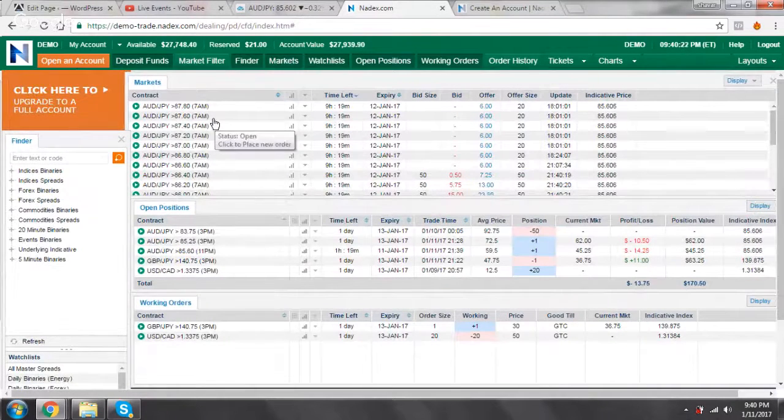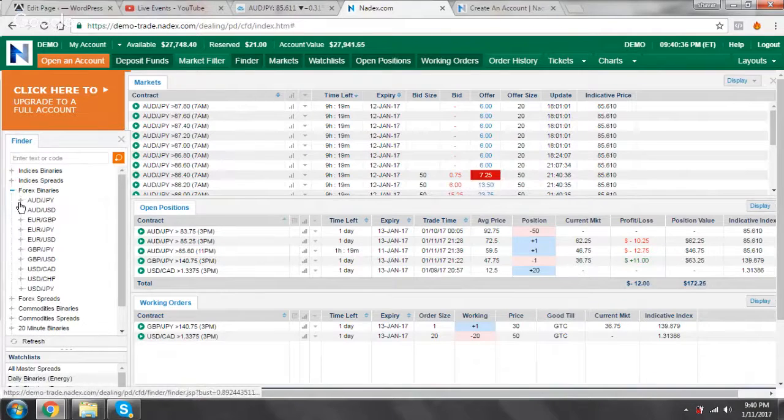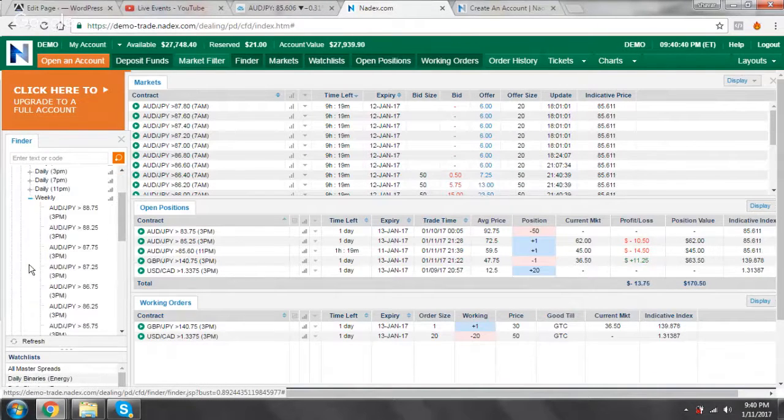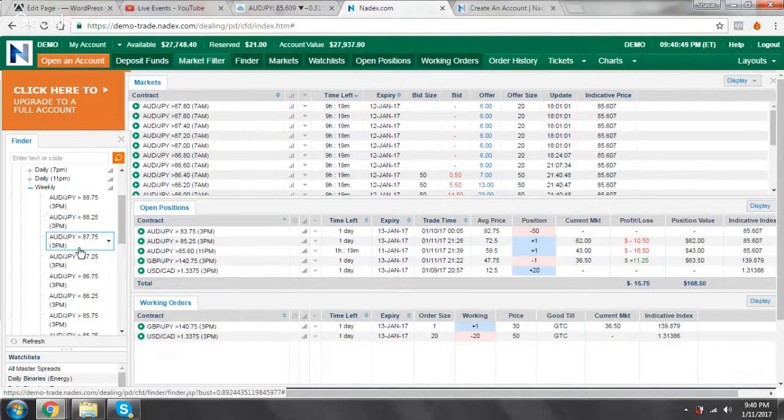Say AUD/JPY greater than 87.80 weekly contract. So you just go to Forex binaries, weekly, and then I said the price was 87.80.